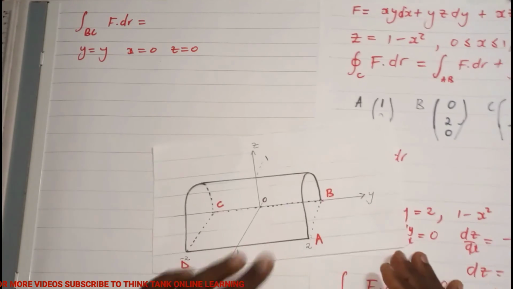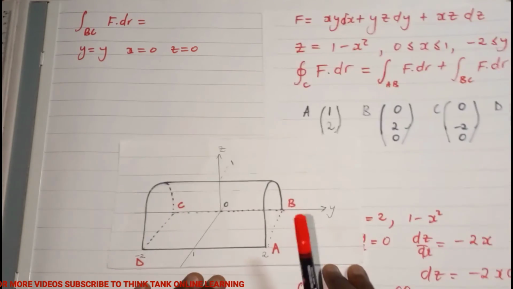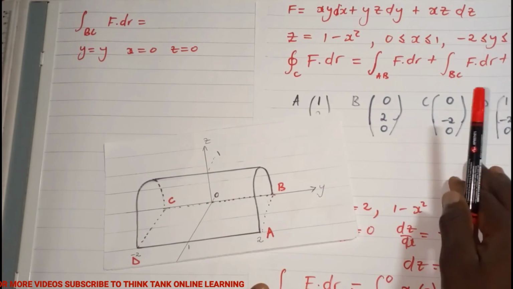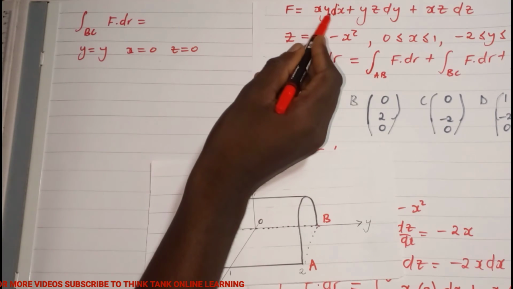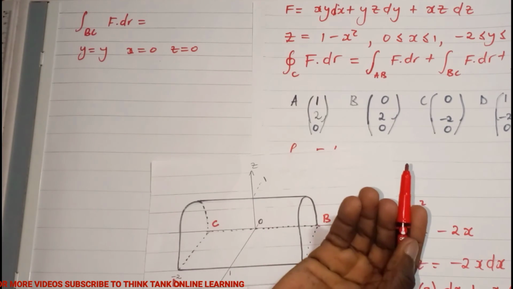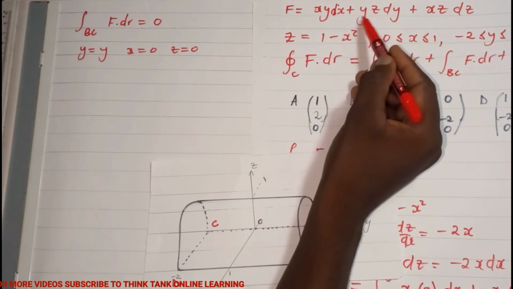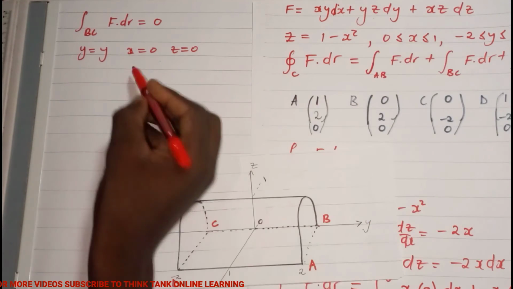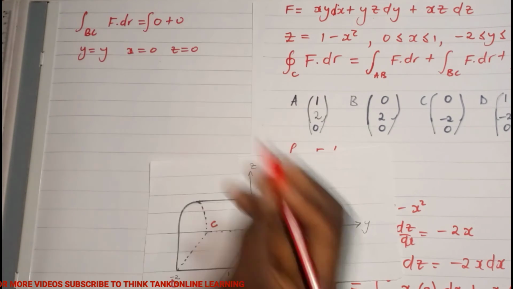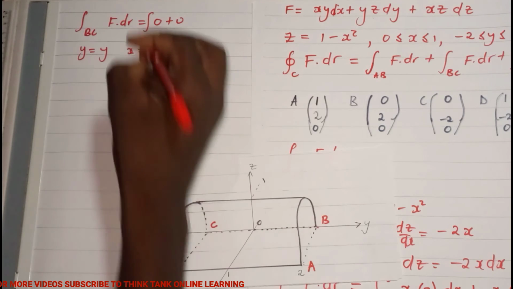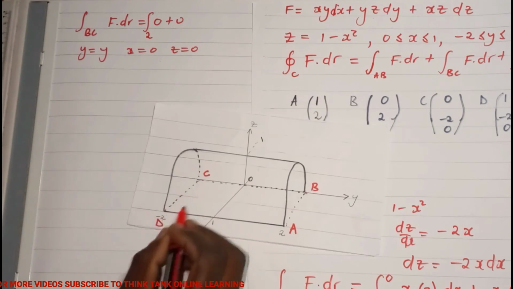So that means the line integral of our vector function is equal to xy, which is going to be 0. Then y times z is also 0. The limits, y is from 2, the lower limit, to -2, the upper limit.